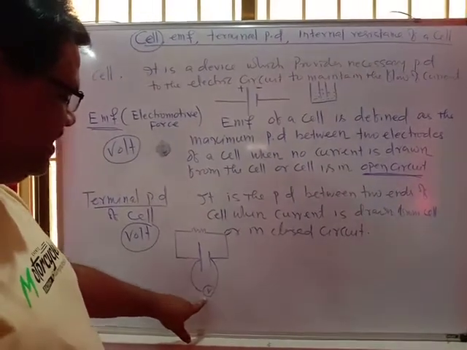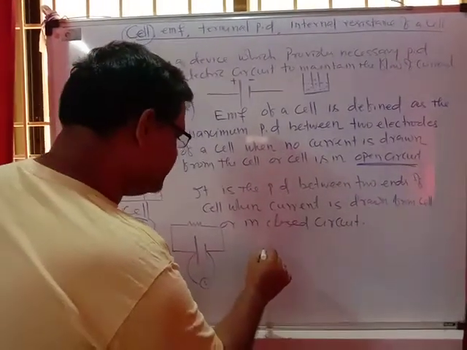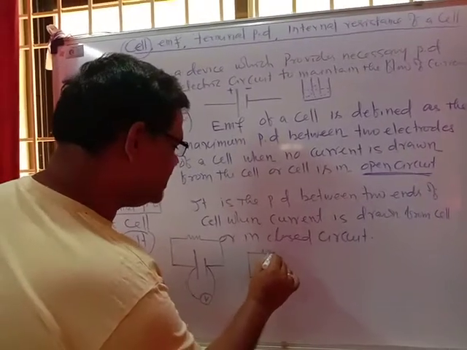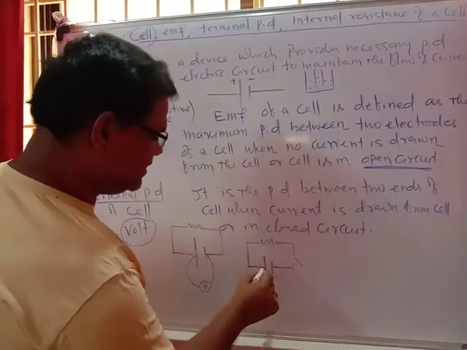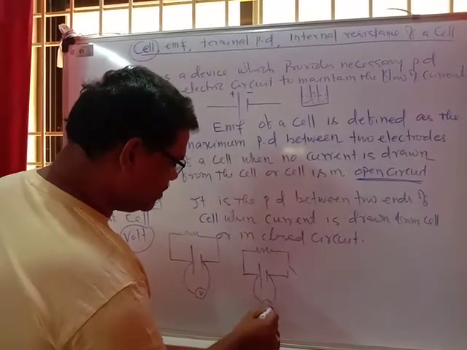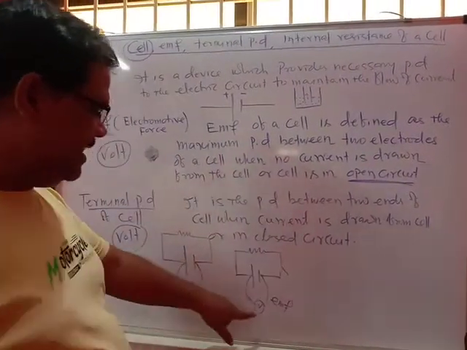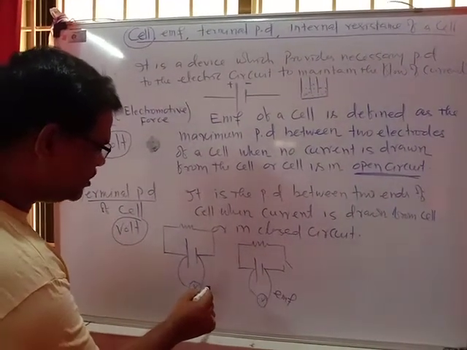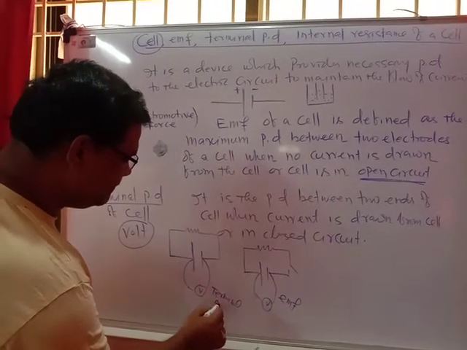Whenever the circuit is open, no current is drawn from it, and the potential difference measured by the voltmeter at that time is called the EMF. The reading of the voltmeter is EMF. Here in this case, the reading of the voltmeter is the terminal PD.